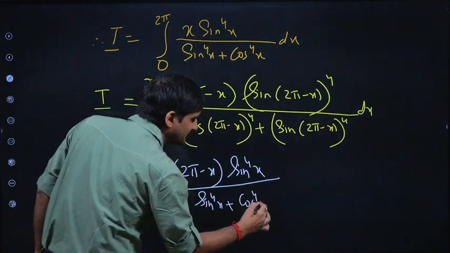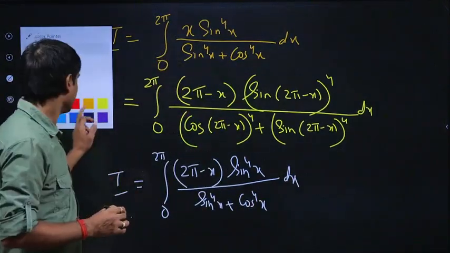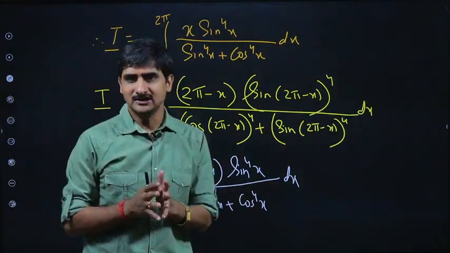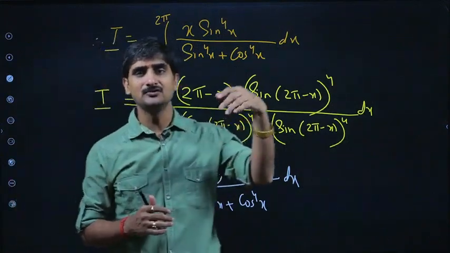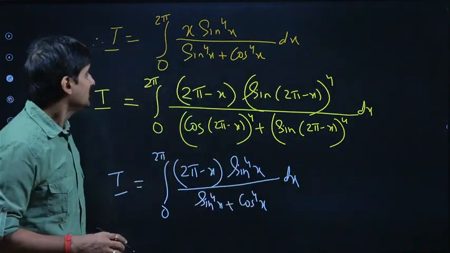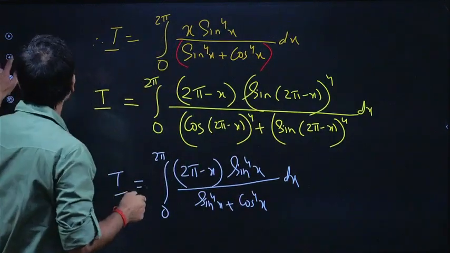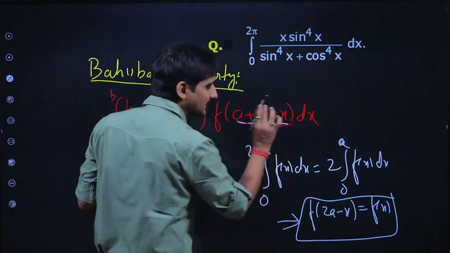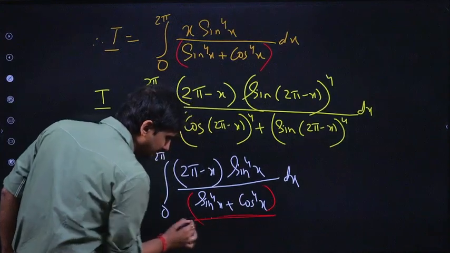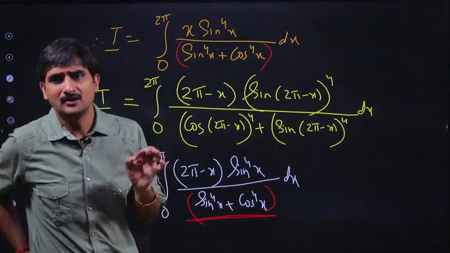See, I look at it as a very important hint for the application of Bahubali property. And what is it? I always say, if your integrand is in the form of numerator upon denominator, and if by replacing x in the denominator by a plus b minus x, we get back the same denominator, then I say it's a ready-made situation to apply Bahubali property.